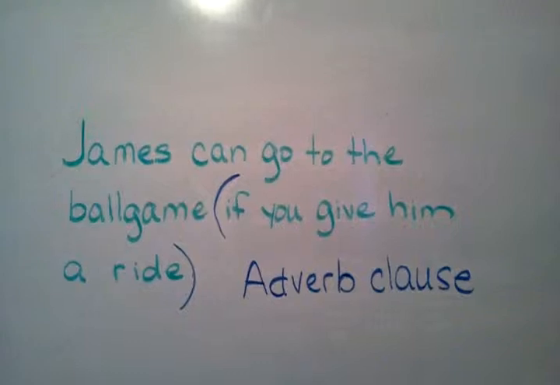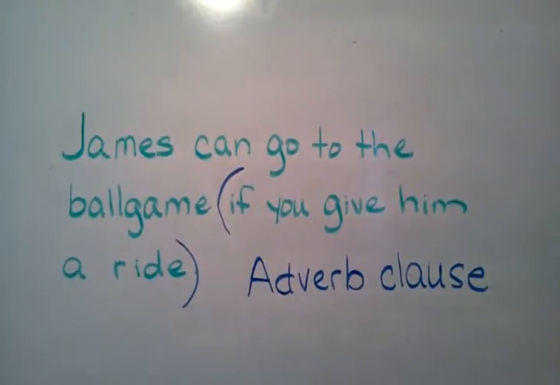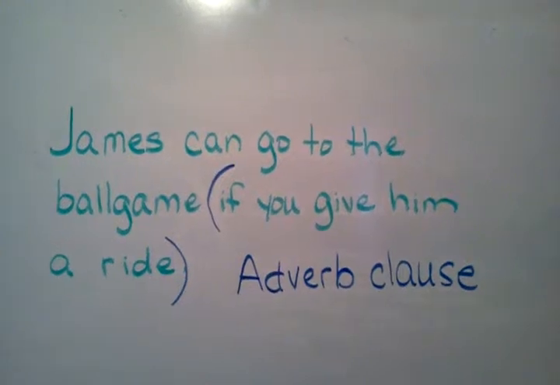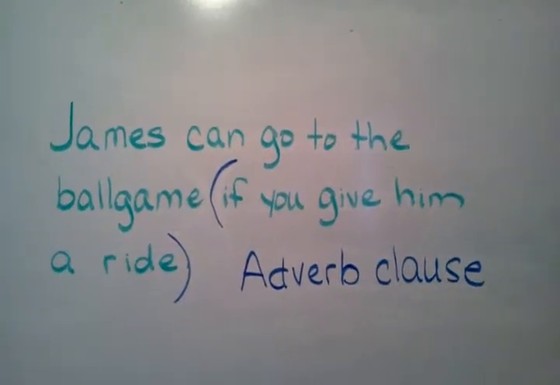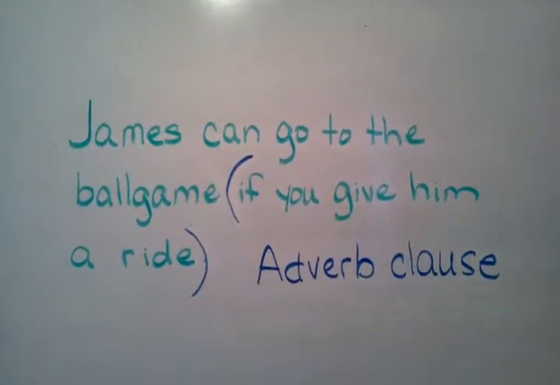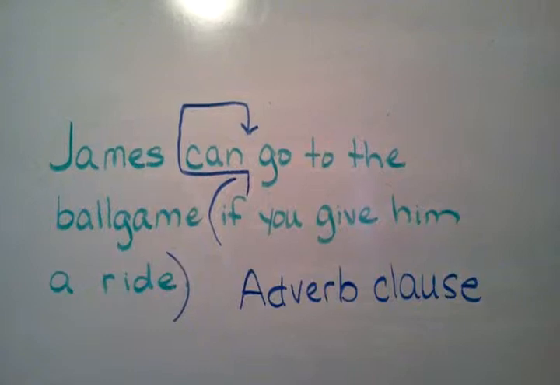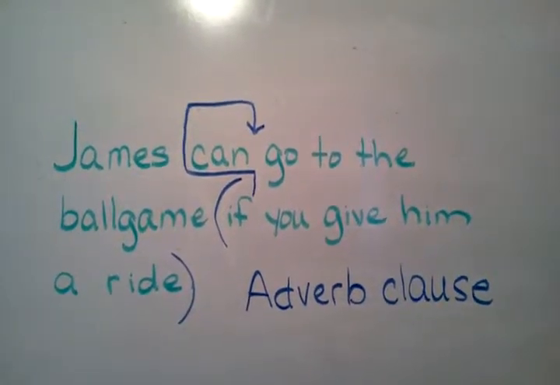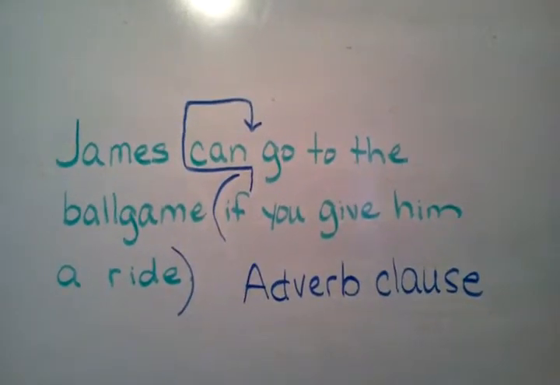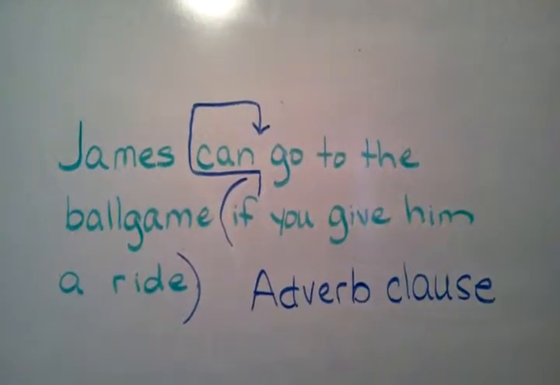So let's look at our sentence on the board here again. The second clause, if you give him a ride, that is an adverb clause. It answers an adverb question about a word in the independent clause. It's telling us under what condition James can go. And under what condition is one of our adverb questions.